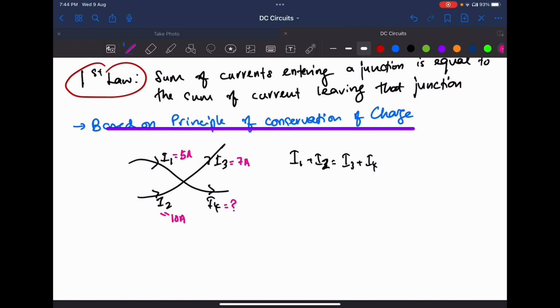So I1 plus I2 is 5 ampere plus 10 ampere. So we have I3 7 ampere plus, let's say, I4. So therefore I4 equals 15 minus 7, 8 ampere. Okay.